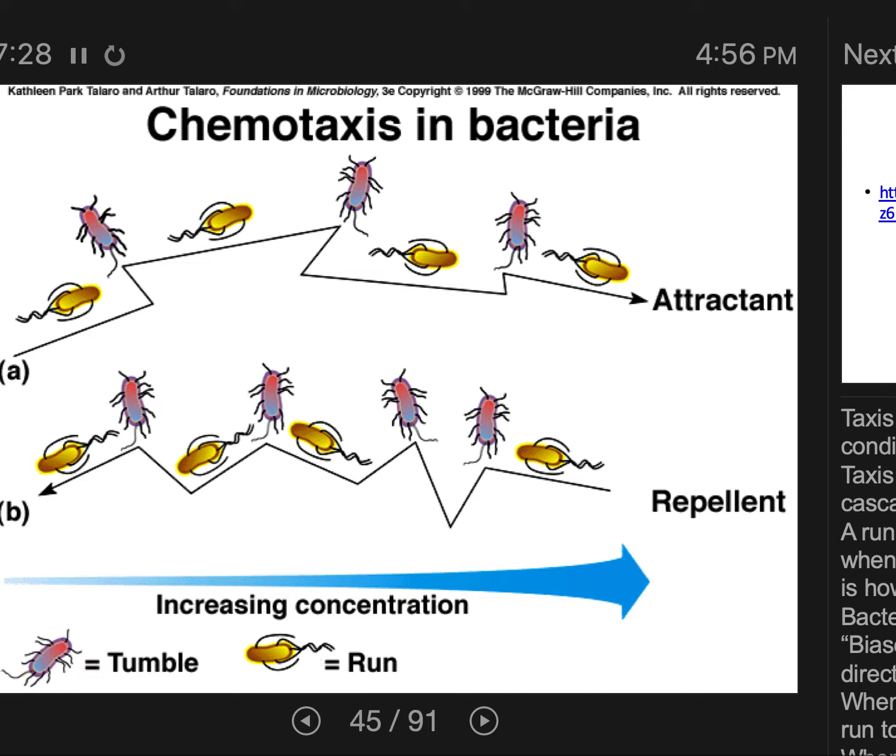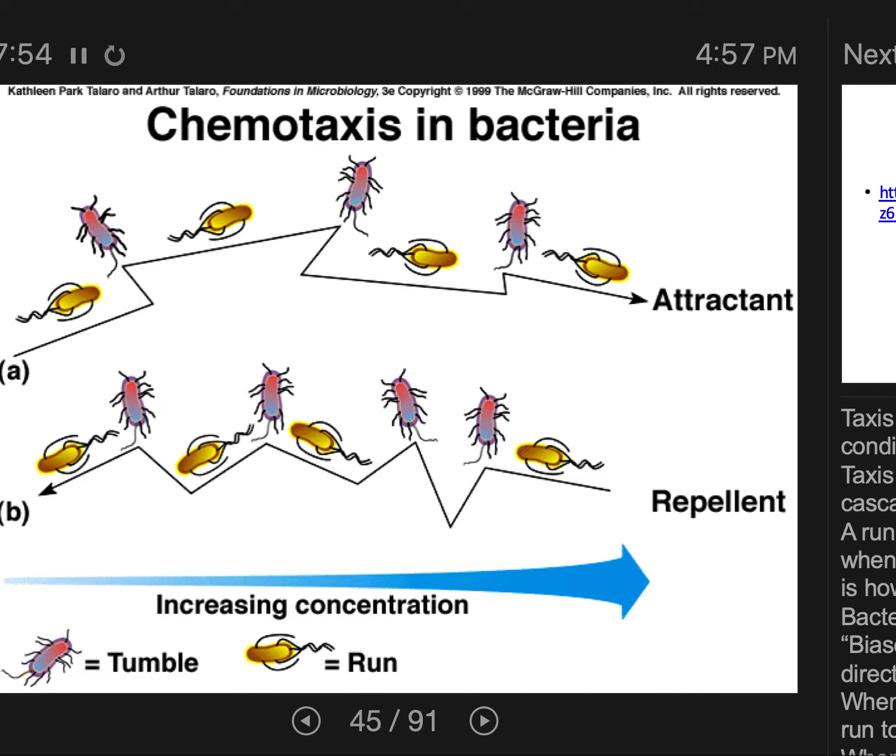Okay. So bacterial taxis is perhaps best described not as intentional, but rather as a biased random walk. So we call this a biased random walk. Environmental signals cause the flagella to rotate one direction or another. And when an attractant increases, tumbling decreases, and the bacteria begin to run towards the attractant.